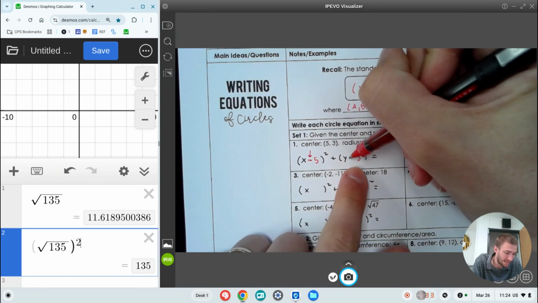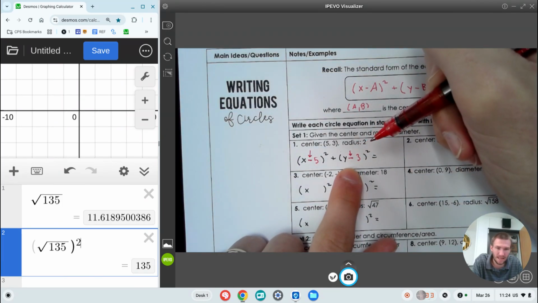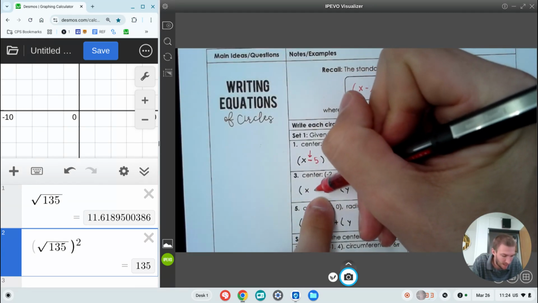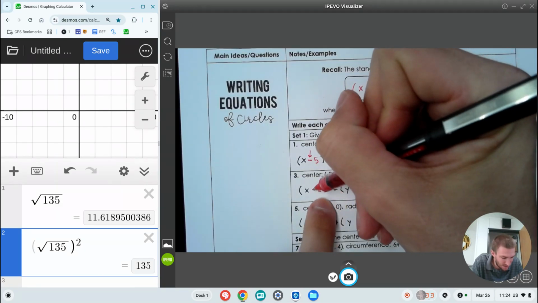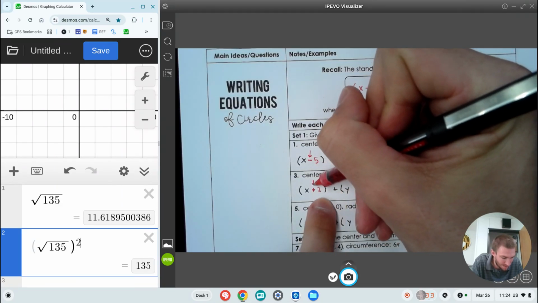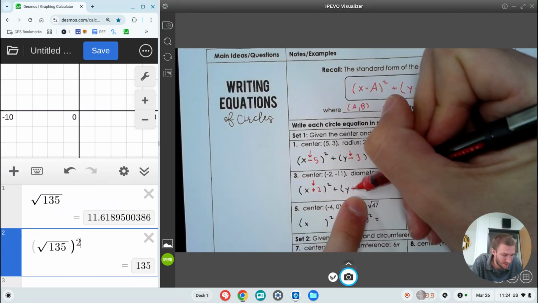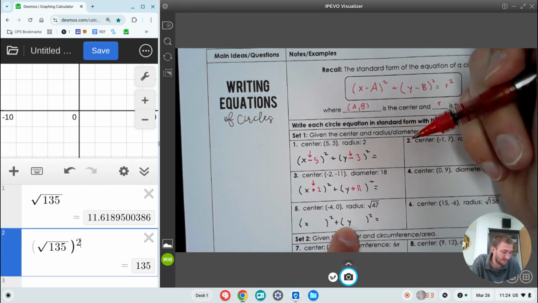If it's a 3, it needs to be a negative 3. Again, that's pretty easy. I can do this one. It's a negative 2, but I need to do opposites, so it needs to be a positive 2. A negative 11, opposites, positive 11. And this is really fast.